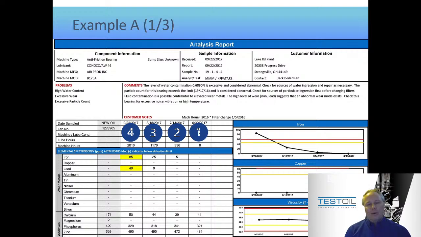Read every report, top to bottom. Look for the abnormalities, identify if they're causes or effects, go investigate the causes, right? Very simple steps. They're not meant to be complicated. Like I said, you can use this on any oil analysis report, regardless of how much data is there, and you will find it gets you to the root of your problems and not just a bunch of the symptoms.